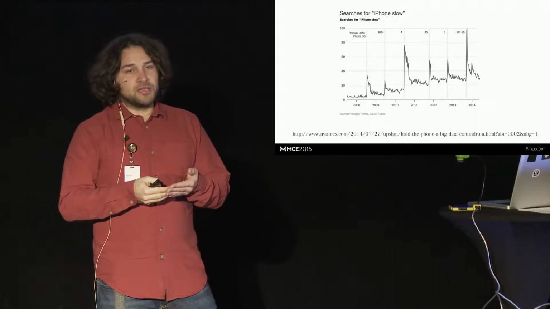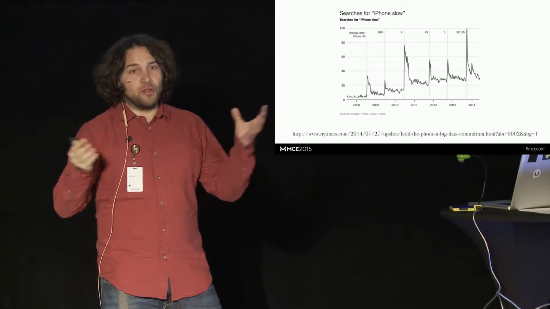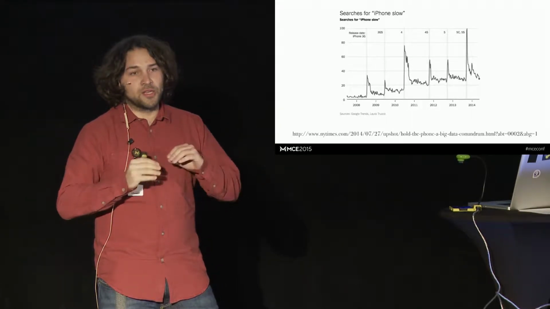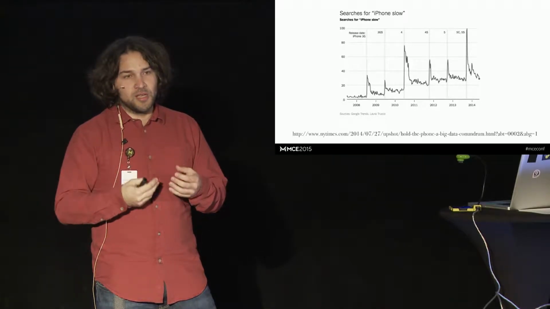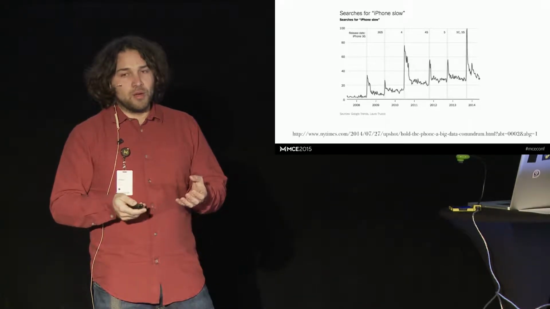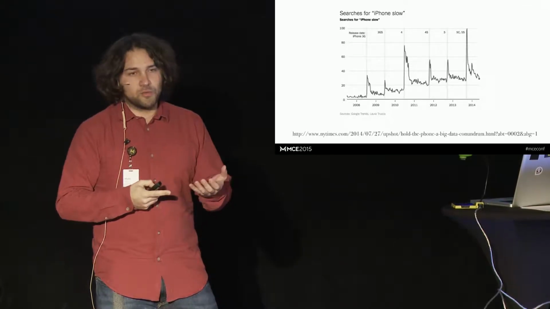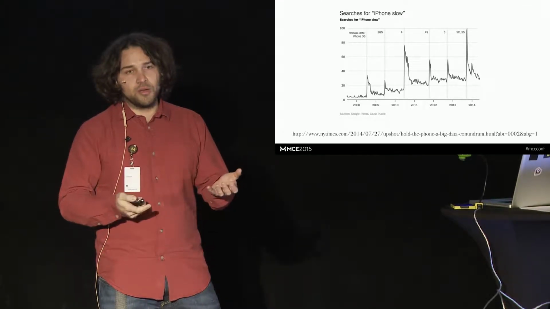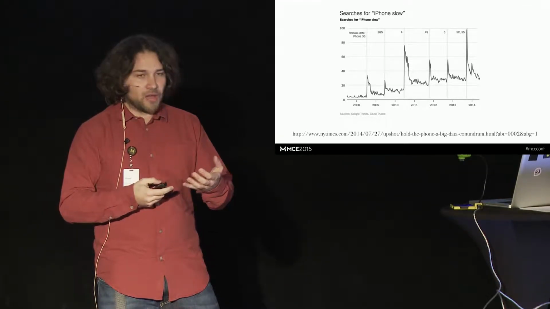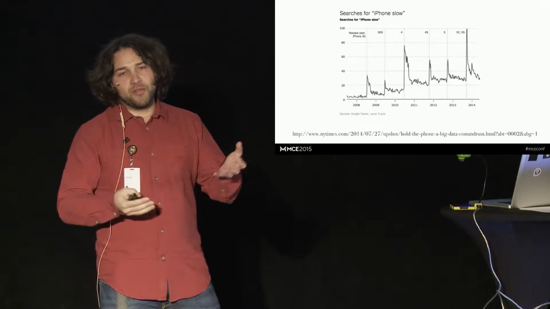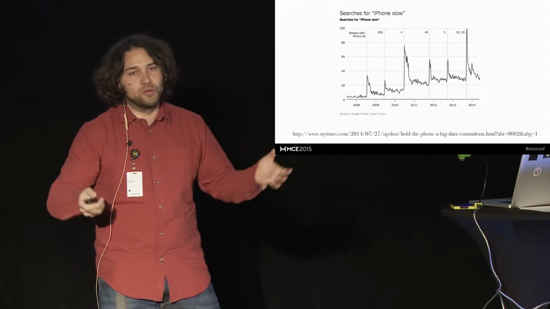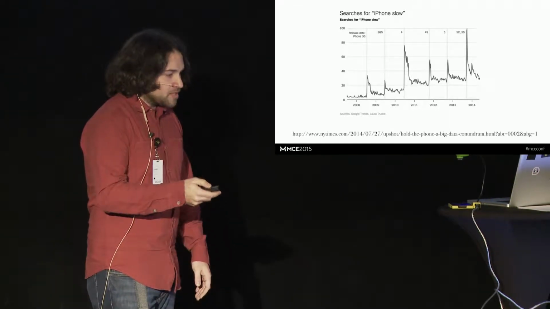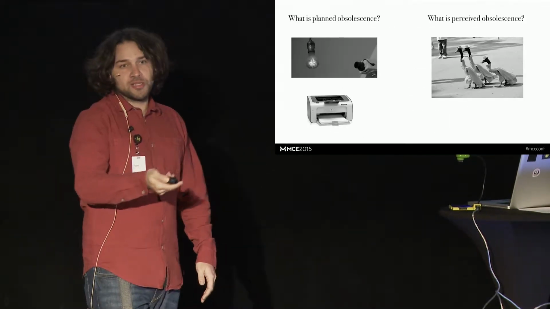It doesn't mean that Apple is an evil company and slows down the phone on purpose. It means as well that we as users, when we see something new, think, whoa, now my phone looks really slow. Oh, I need a new one. Because maybe I have too many things and too many apps on my phone, and it slows down, and the new one looks super fast. So this is, as I said, perceived obsolescence as well.